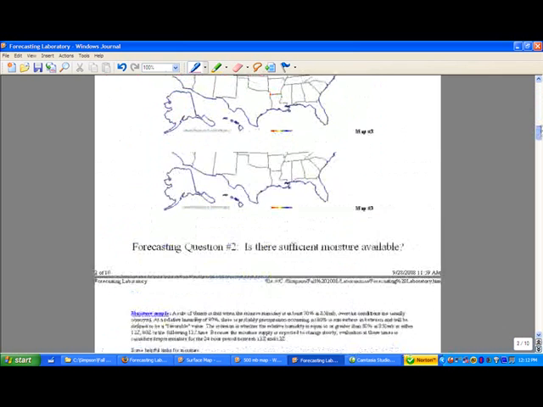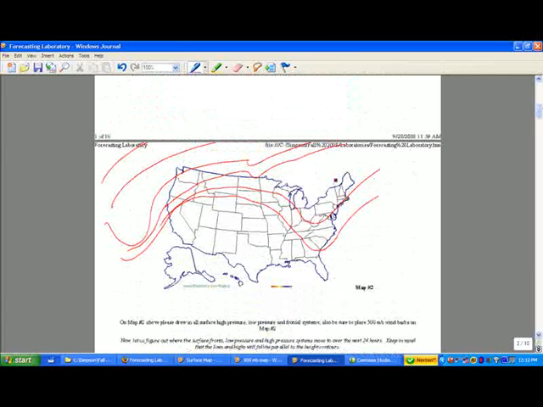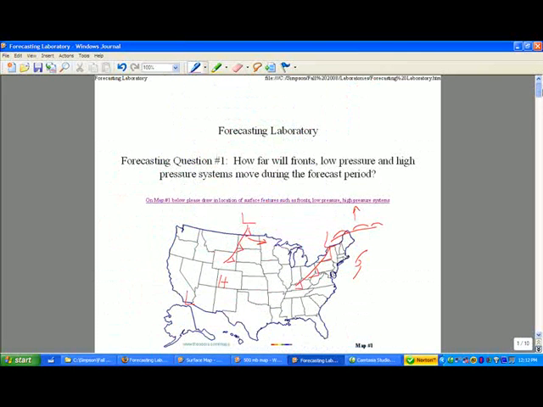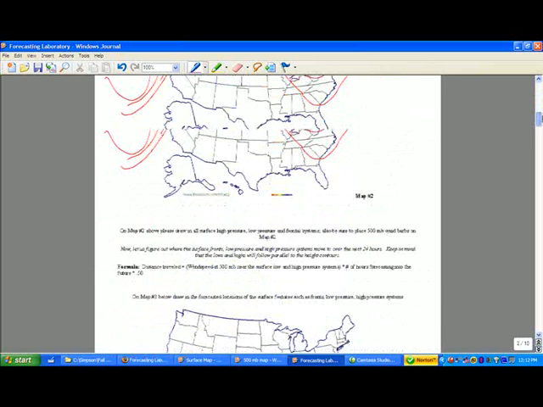So I'm going to draw this system here on map number 2. So remember I had that low pressure system and cold front and warm front. I also had a cold front back over the Dakotas, I believe. Let me go back up here.